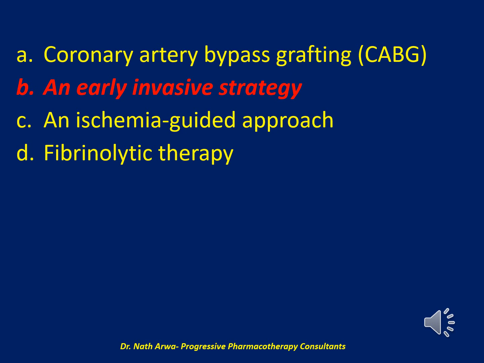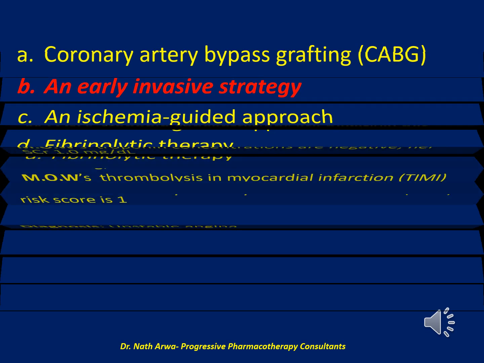Although this patient could go on to have multi-vessel disease requiring CABG, he must first undergo a diagnostic angiography to determine the best approach for revascularization. That makes answer A incorrect. The decision for PCI versus CABG is made after initial angiography. Please proceed to the next question.